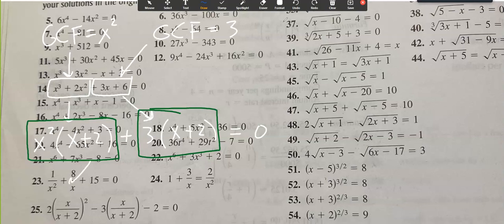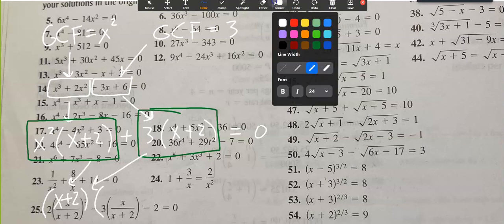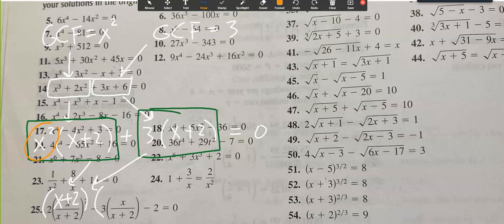So in other words, I'm going to take an x plus 2 out of the first one, and an x plus 2 out of the second one. If you take an x plus 2 out of the first one, what are you left with? X squared. If you take an x plus 2 out of the second one, what are you left with? 3. So you just factored it.